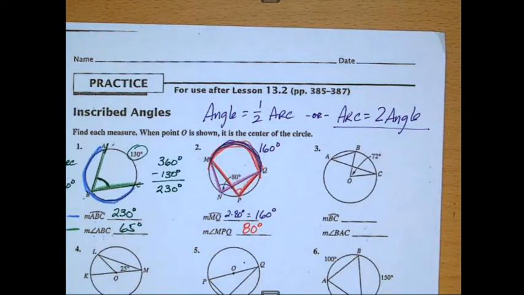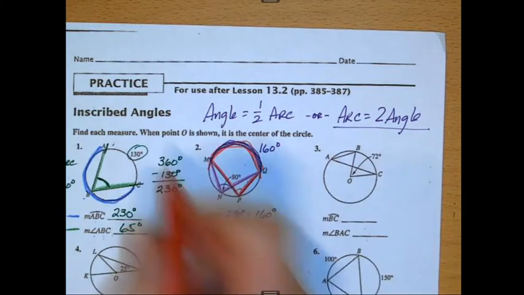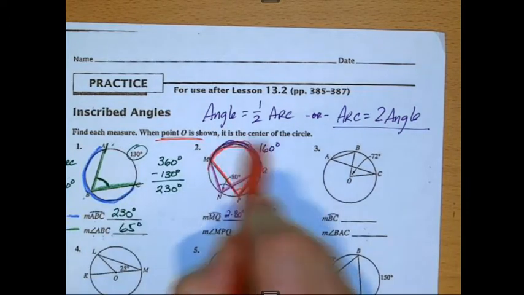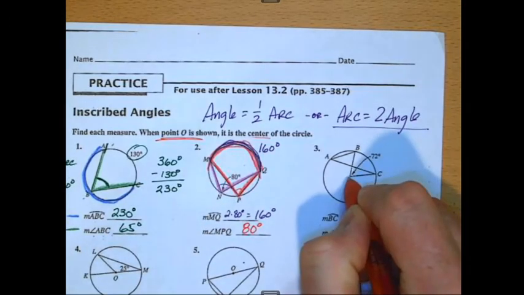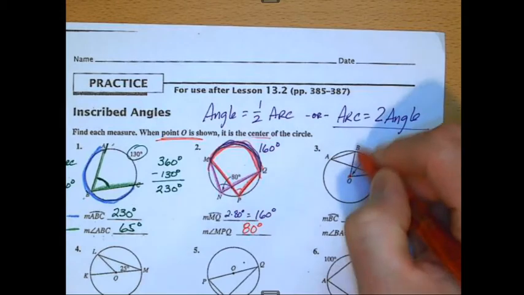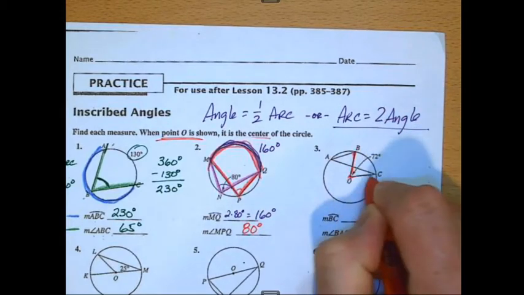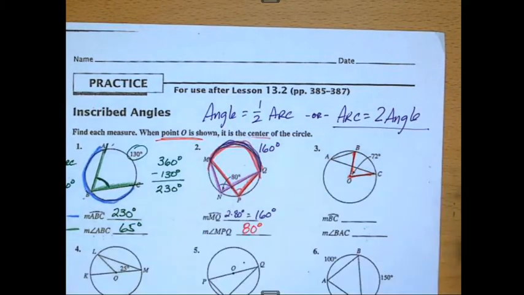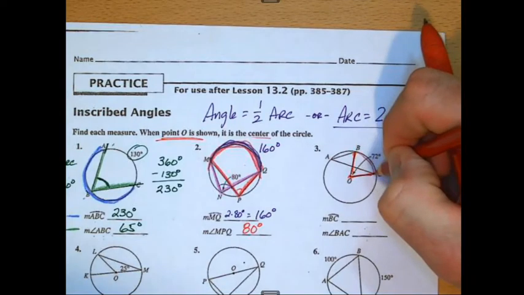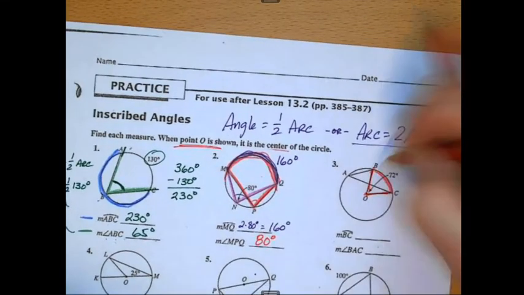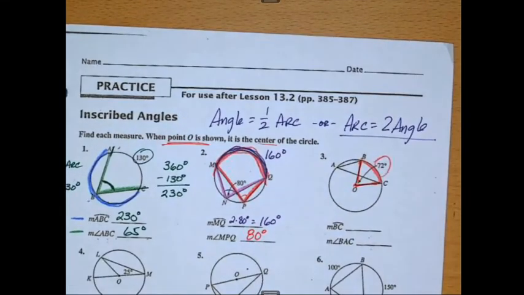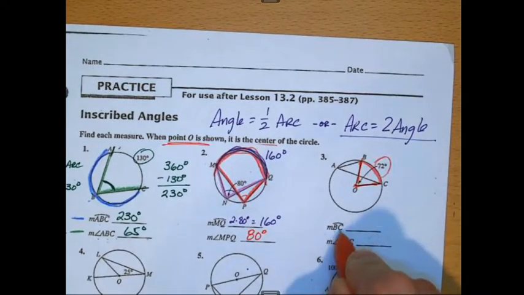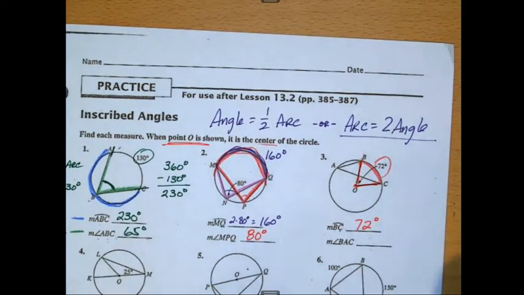Okay. We've got circle O. Point O shown is the center of the circle, which makes BOC a central angle, which makes this arc, I'm not going to rewrite it because it's right next to it, 72 degrees. So arc BC is 72 degrees.